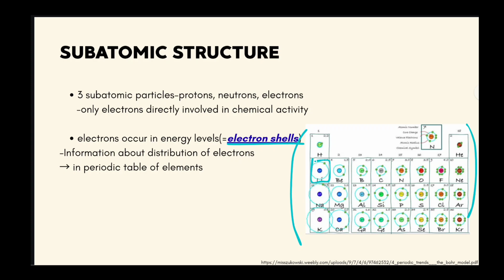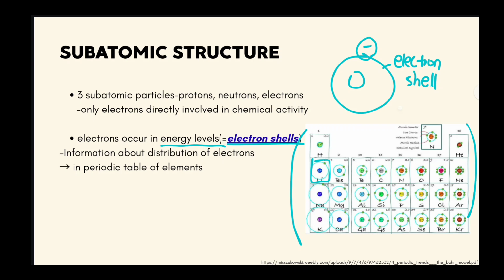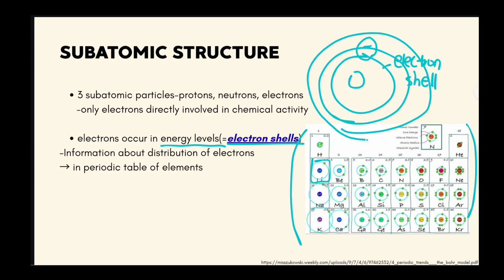Let's look at lithium. There's a nucleus, and there's one electron. Now this is an electron shell. This shows the energy level of the electron. Therefore, if there are more electron shells, that means it has more energy levels.